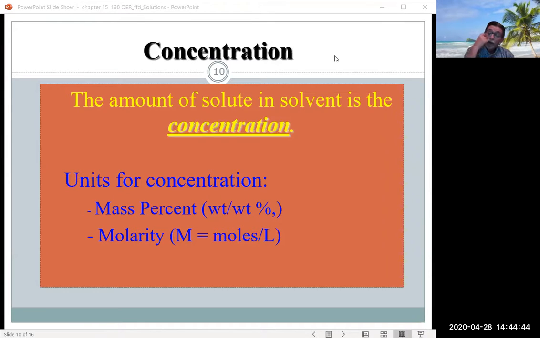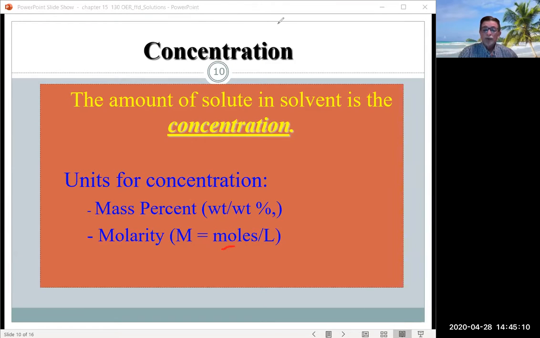Now, in solutions, we're going to deal with two types of concentration as far as calculations. The first one is called mass percent. It's basically a weight divided by weight ratio times 100 to give us the percent, or the mass percent. Molarity has the units of moles per liter.